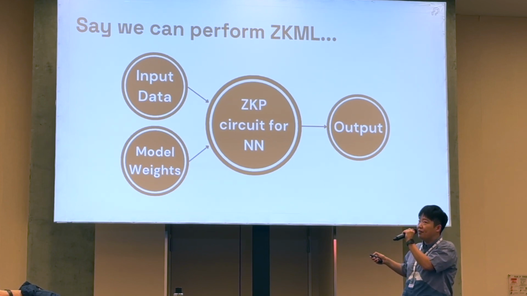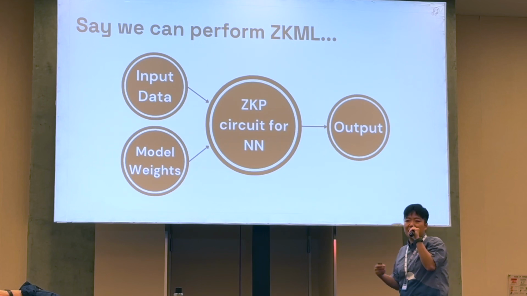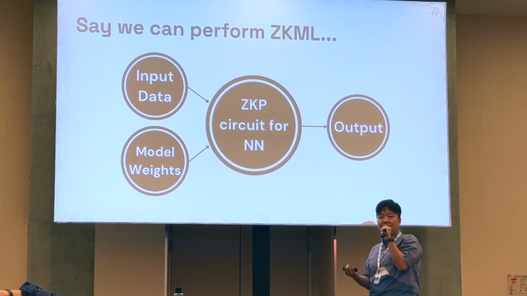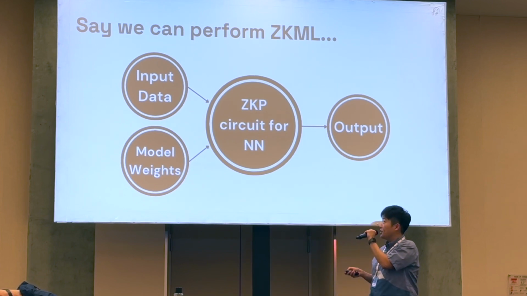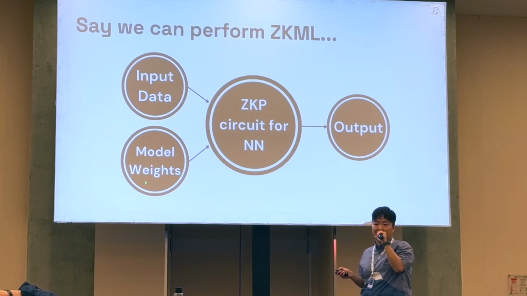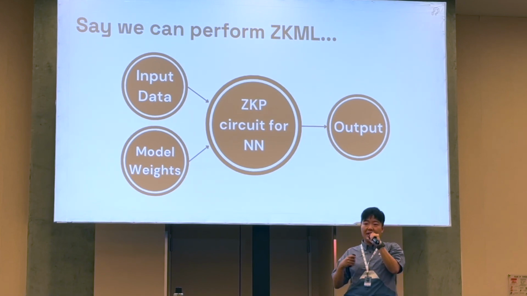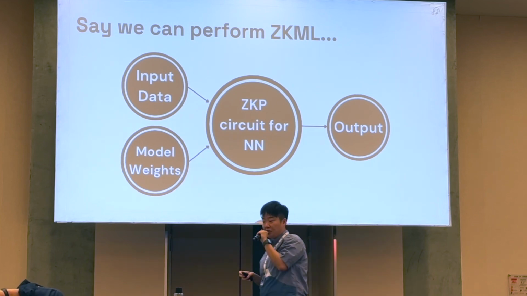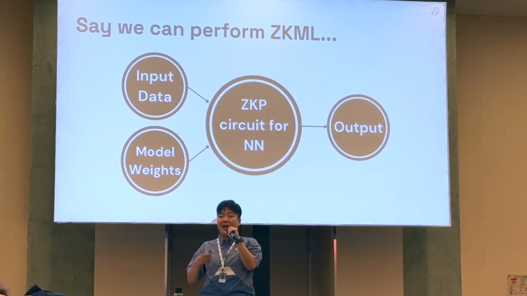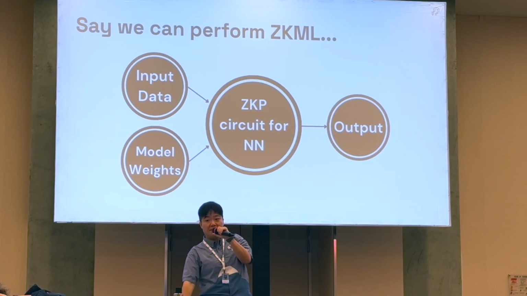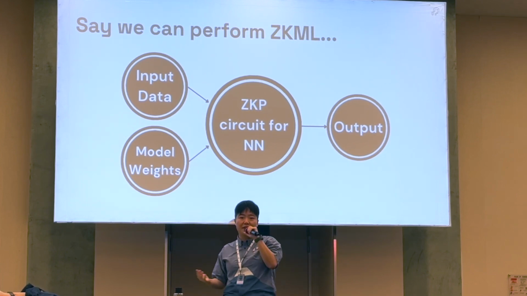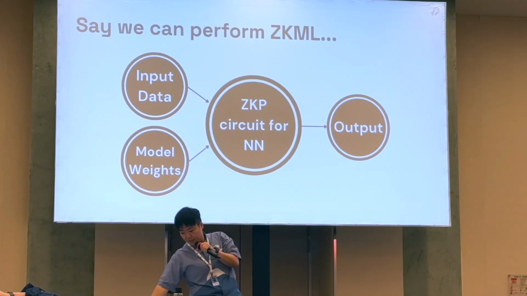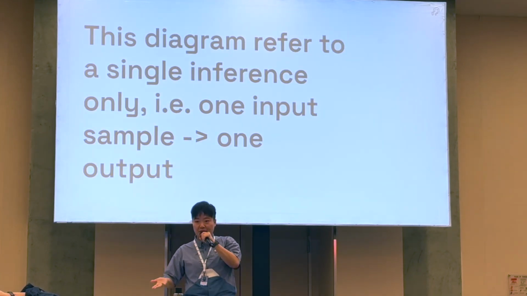So you can keep the input private for maybe, I want to show that I'm very good at generating some very nice AI-generated art, but I don't want you to know my secret. Or for a company, they will probably want to keep the model weights private, or hashed at least, like committed. But for this talk, we're not concerned about that, it will apply to any of the three use cases that I mentioned just now. So whether it's public or private is up to you, up to the use case. Right, so I hope that answers your question.